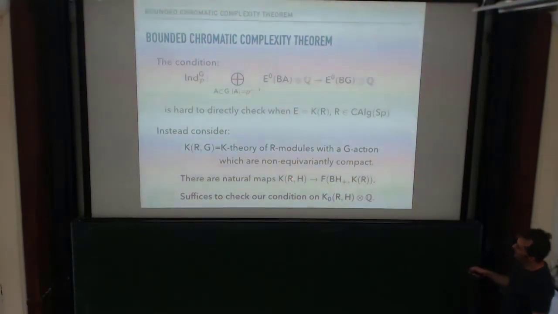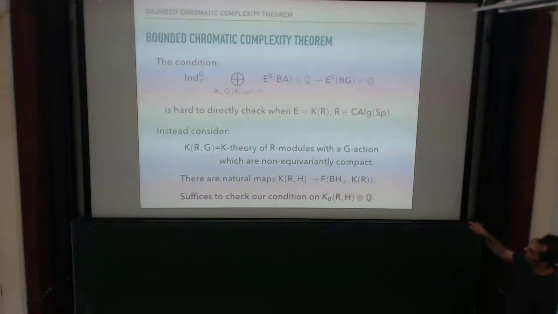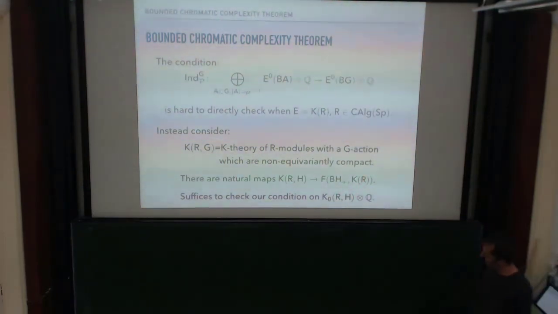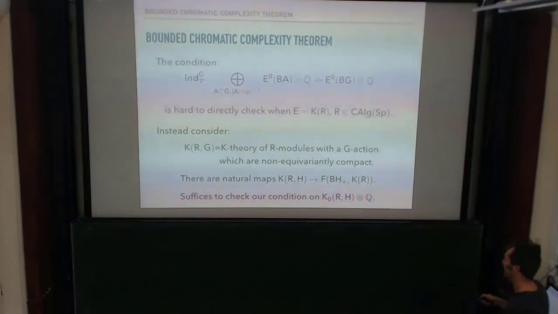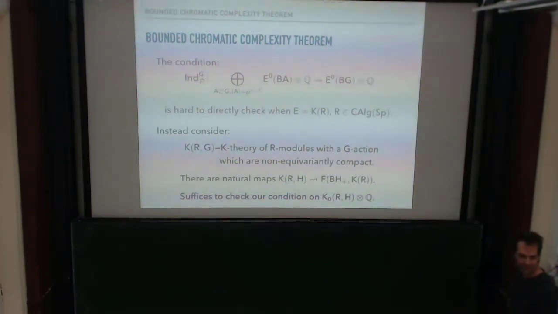So using this map, we can show that if we get the rational surjectivity for this representation K-theory, I again get the rational surjectivity for this group cohomology. So now we have to check an induction theorem on representations in R modules.